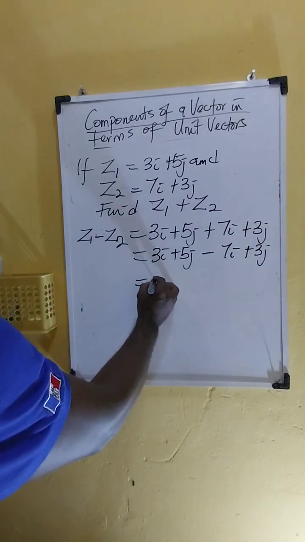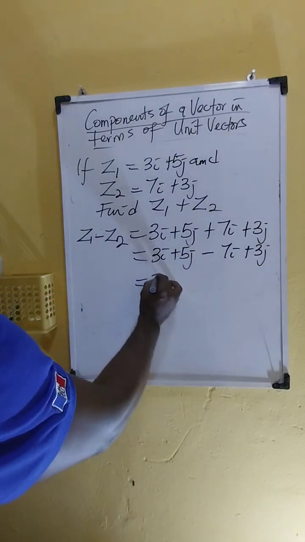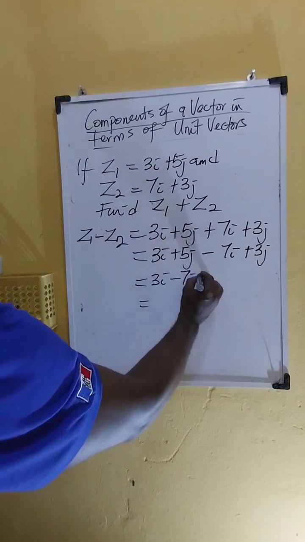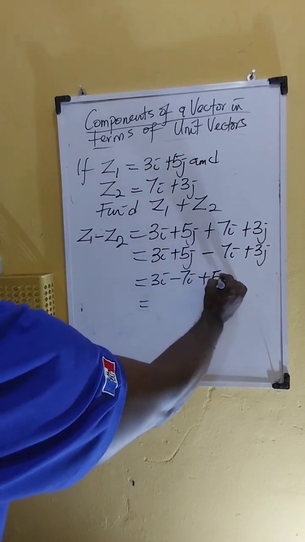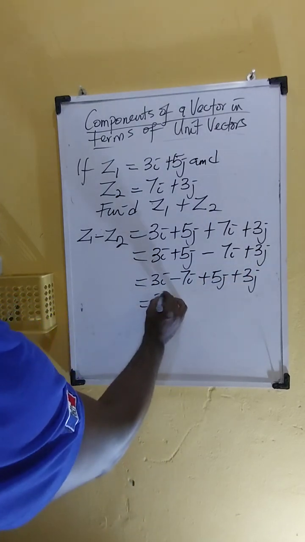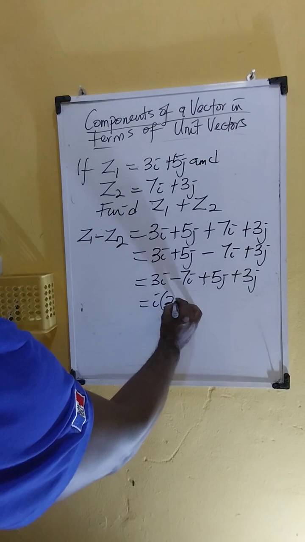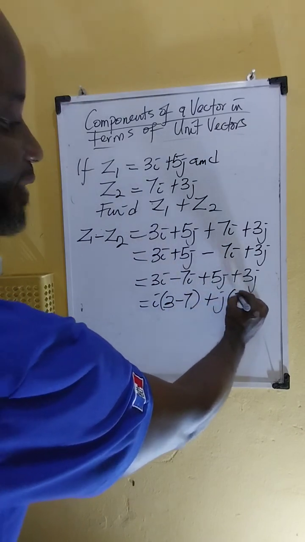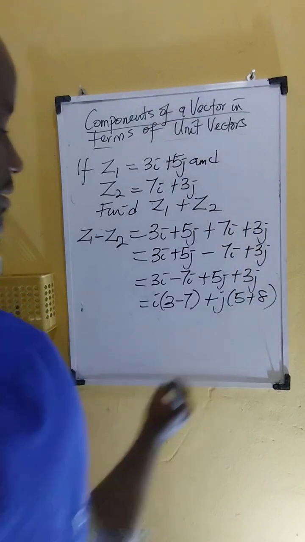We still do the same thing. We collect like terms. So this is going to be 3i, this comes this way, it becomes minus 7i. This goes here, 5j plus 3j. So you bring it out: 3 minus 7, plus j, 5 plus 3.